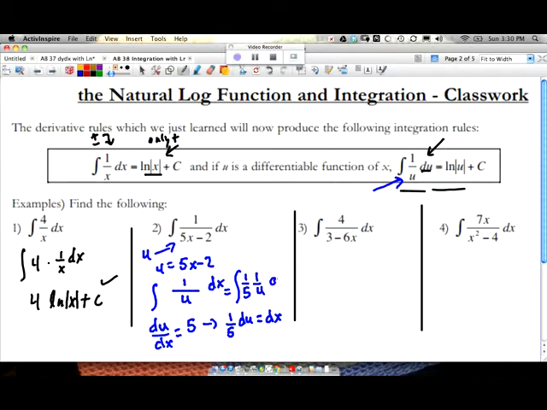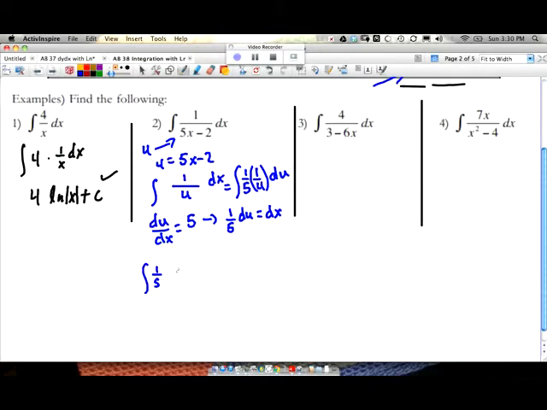But then I have my du. Okay, so there's my pieces. Now that I'm at that stage, I could have written this down here, 1/5, 1 over u du. The 1/5 is a constant, that just stays. The 1 over u du becomes natural log of absolute value of u plus c.